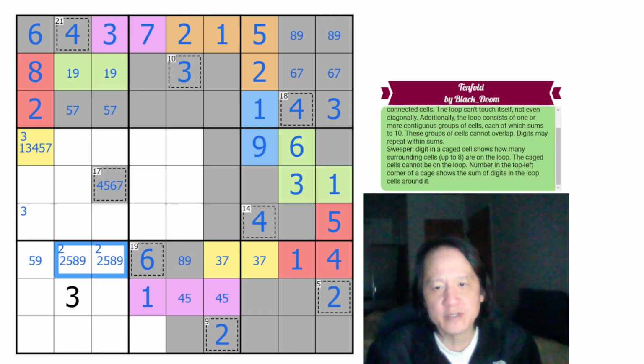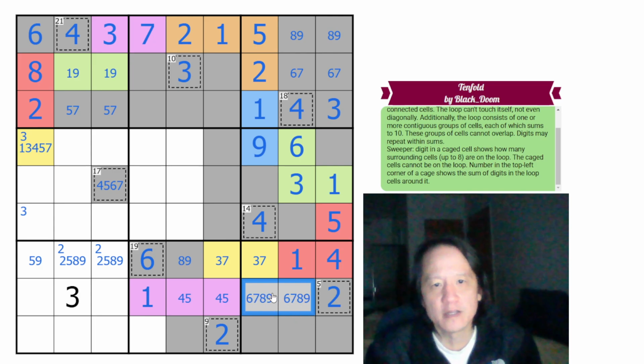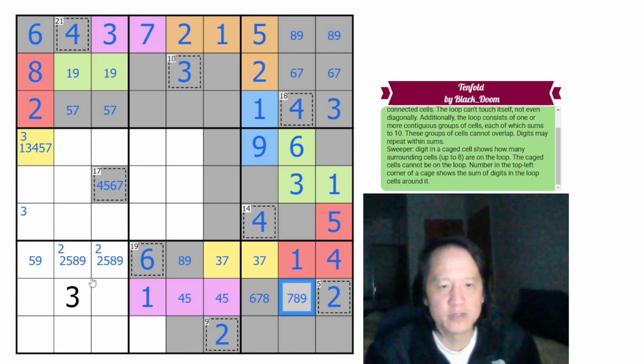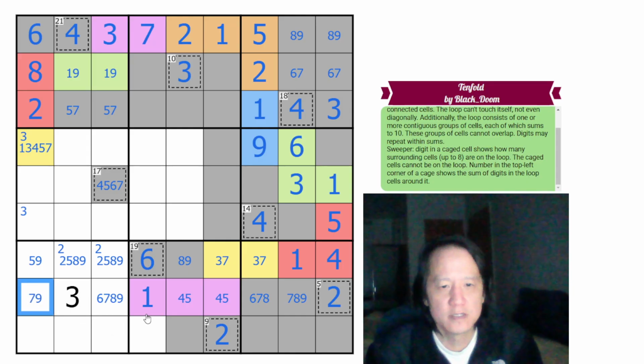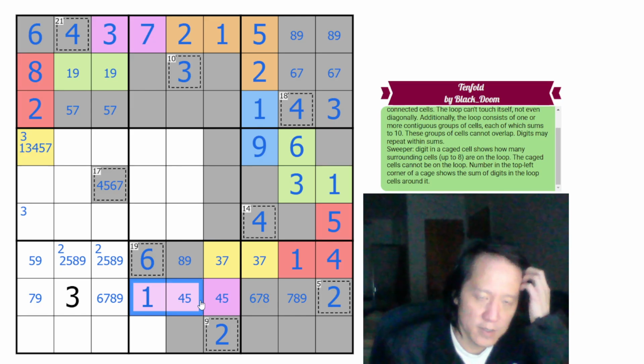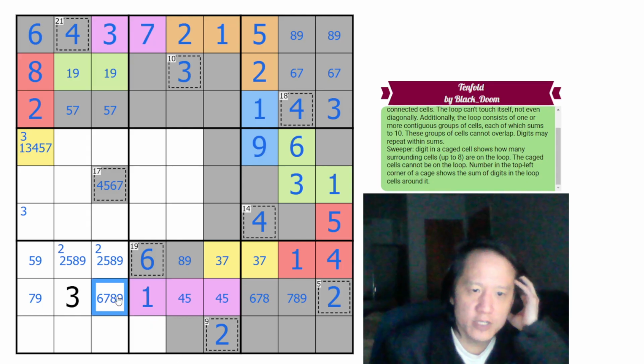And these can't be 6. So the rest of the row, 8, has to be 6, 7, 8, or 9. This can't be 9. This can't be 6. These are 6, 7, 8, or 9, and this can't be 6 or 8. These two add up to... So it could continue on here.